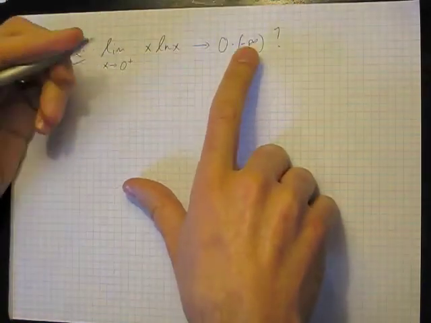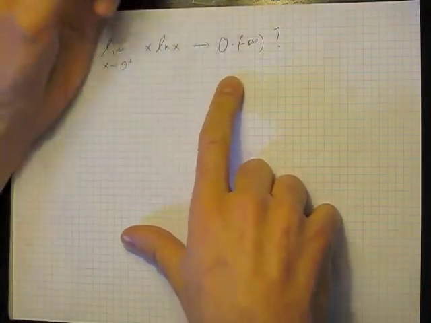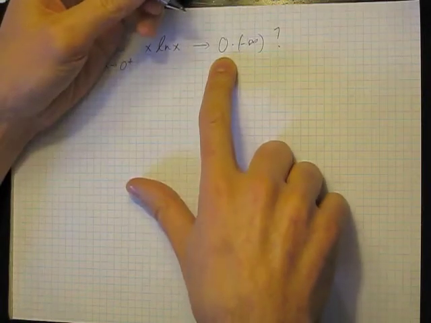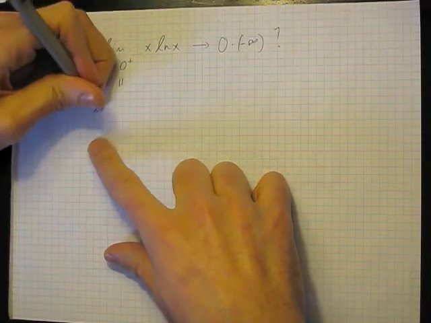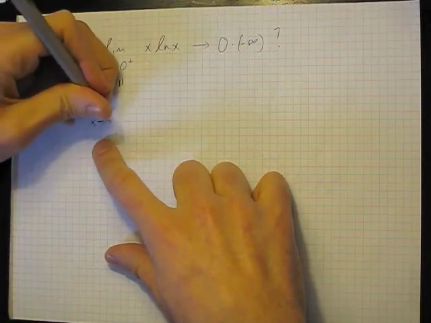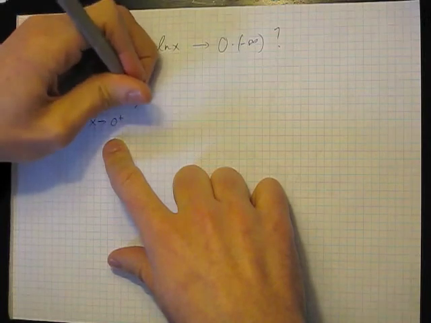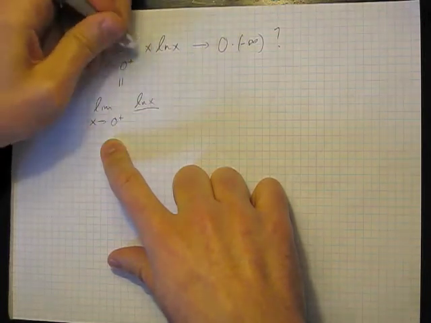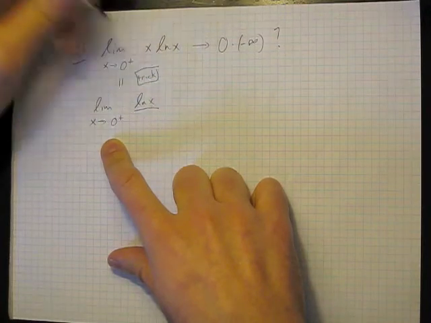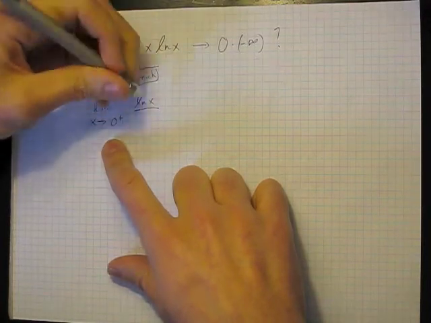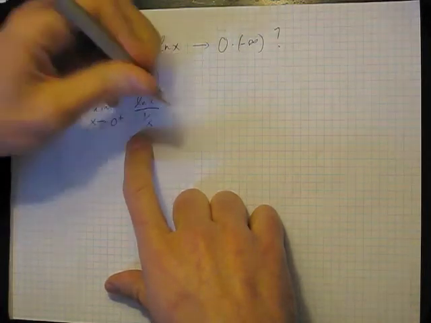But this isn't an indeterminate form the way that our other expressions have been, and so we have to rewrite this in a new way. What I'm showing you is a trick here. Let's write log of x in the top, and I'm going to write x in the numerator as 1 over x in the denominator. Okay. Now let's take a look at this.